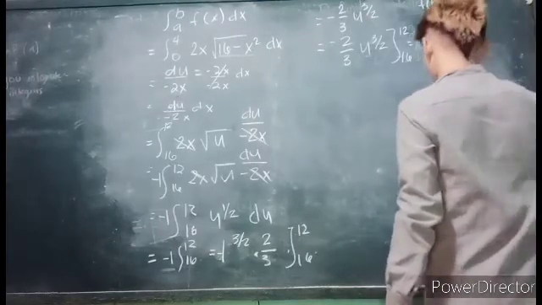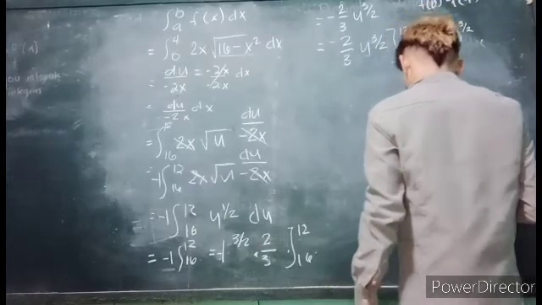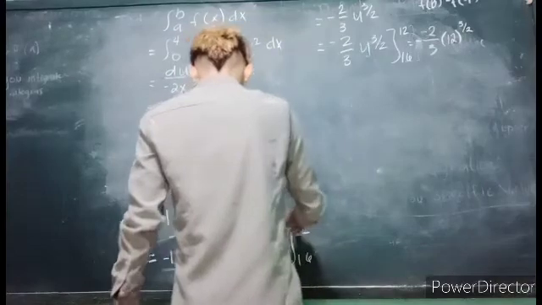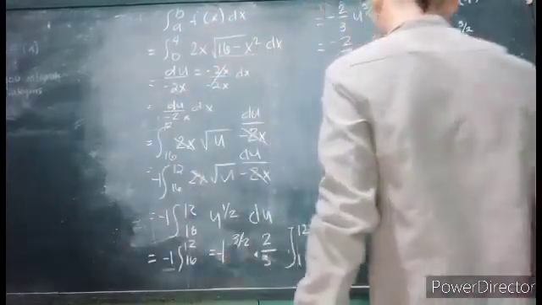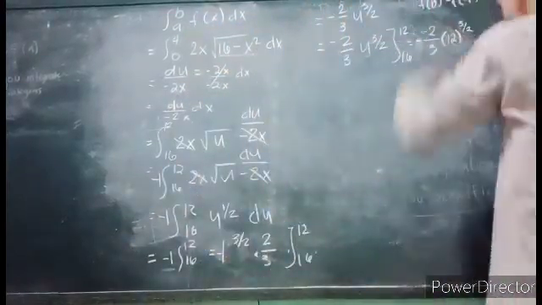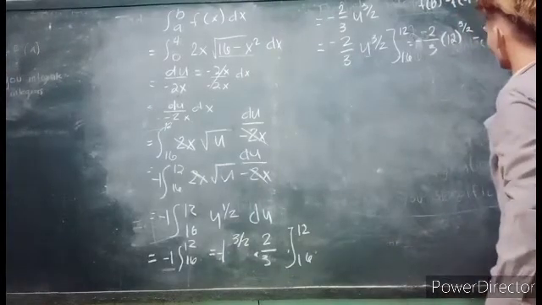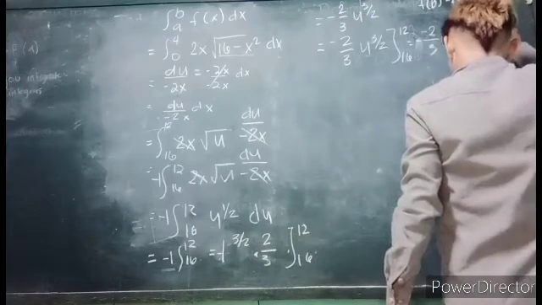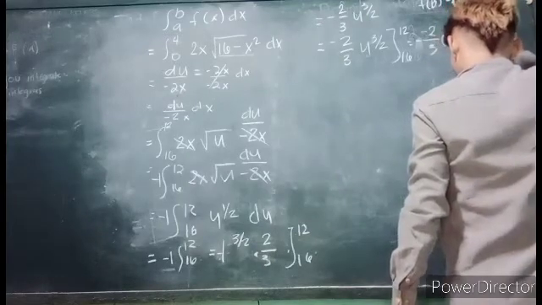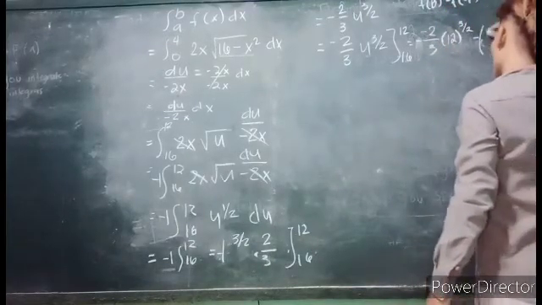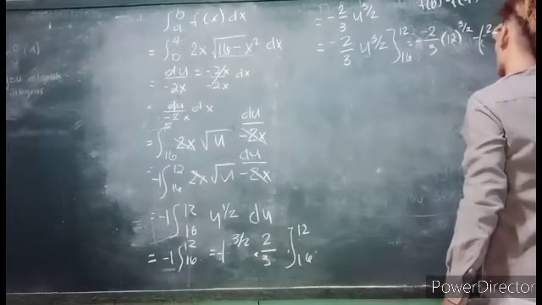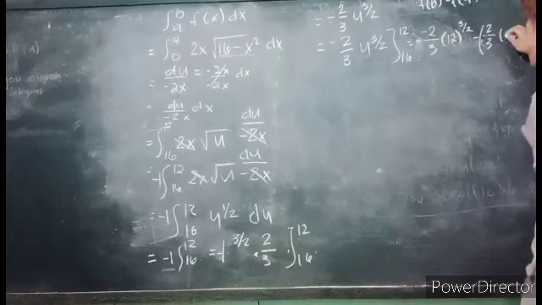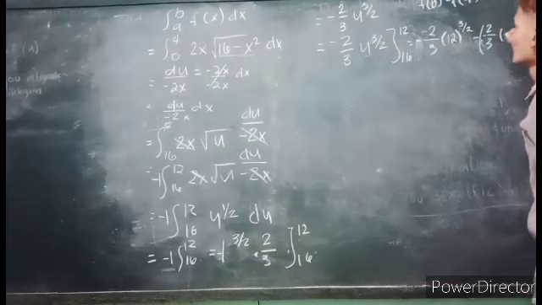copy. Our next minus negative 2/3. So what is our a? 16.